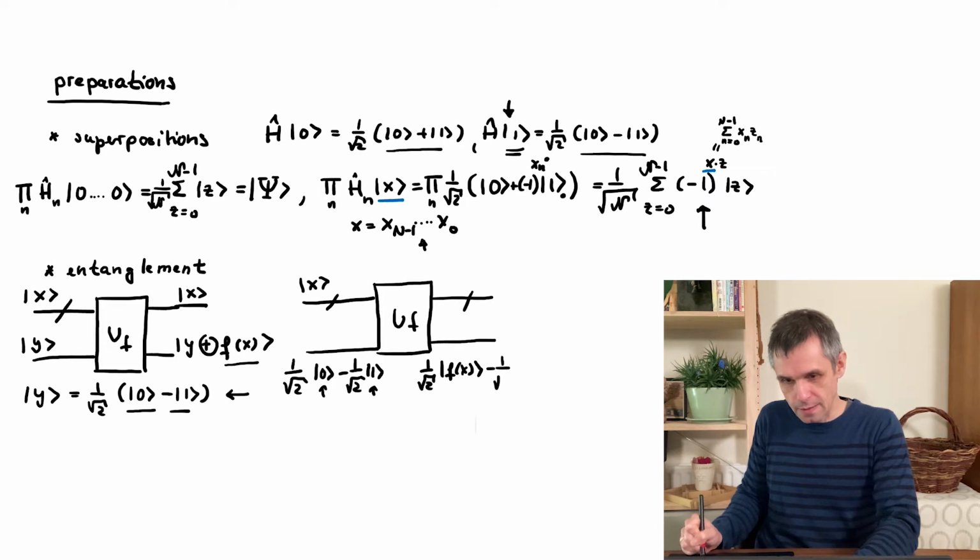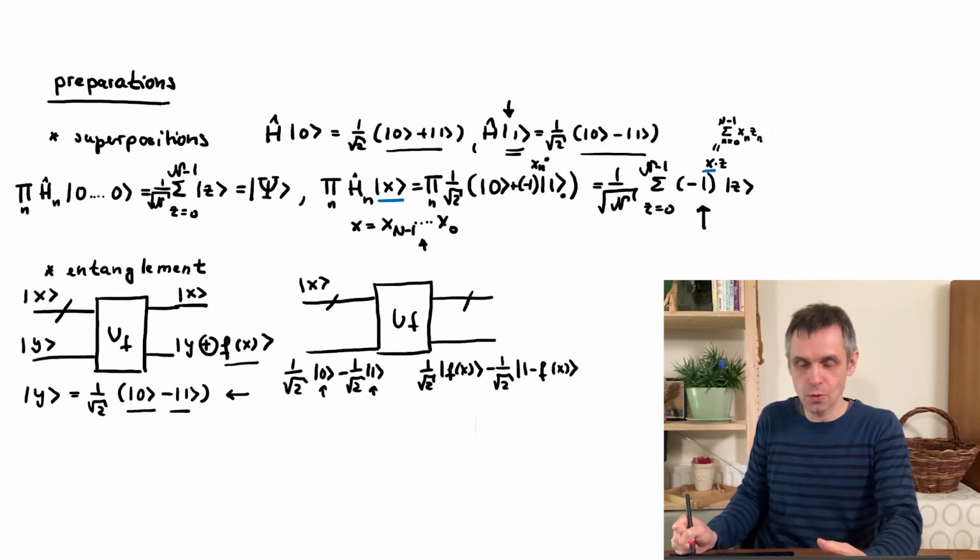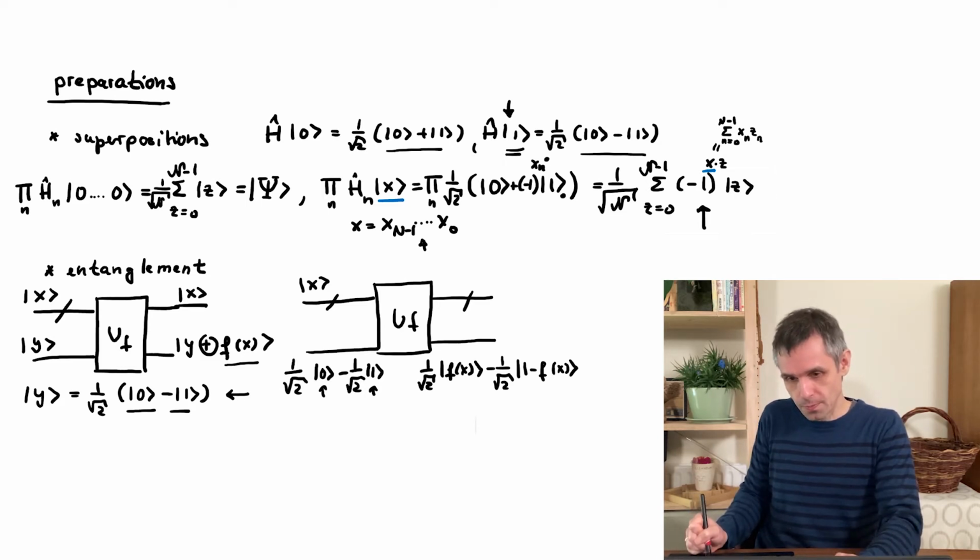And here we can write this as 1 over root 2 times 1 minus f of x, indicating that this changes to 0 exactly when f of x is equal to 1. And now this result can be rewritten in a very instructive way. Namely, when f of x is equal to 0, so if we have a 0 here and a 0 here, then we just return to our original state.